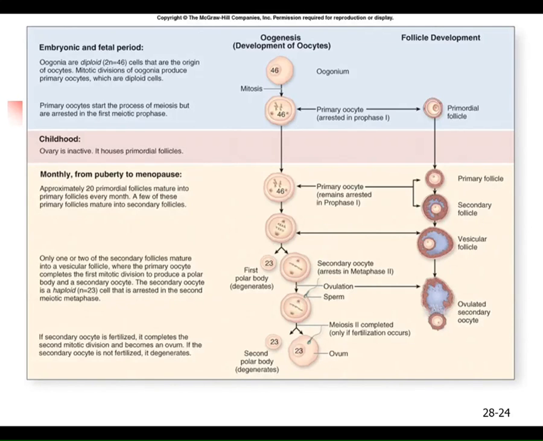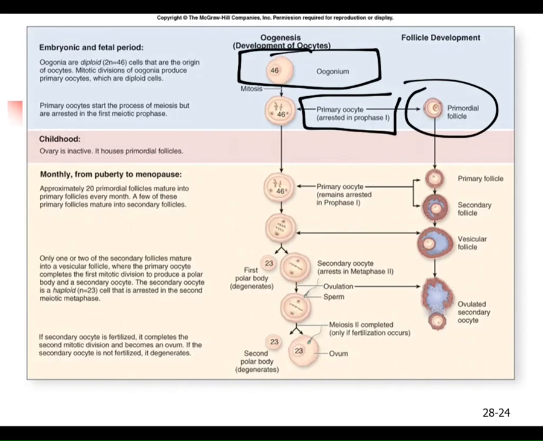Okay? So just as a quick reminder of the overall process of oogenesis, right? We have a diploid cell in the cortex of the ovary called the oogonium. It begins meiosis, but gets stuck very, very early, and that forms a primordial follicle.